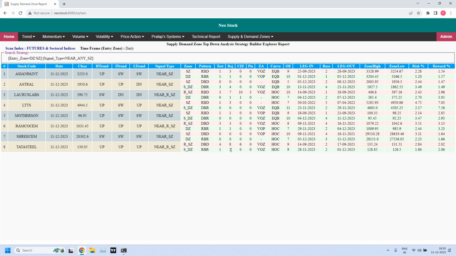That means at lower time frames, 75 minutes or 15 minutes, it might have given multiple trading opportunities. I remember previously also we got 1 or 2 trades in Tata Steel. But remember, you have to look for a fresh 75-minute zone, because this is a daily time frame.